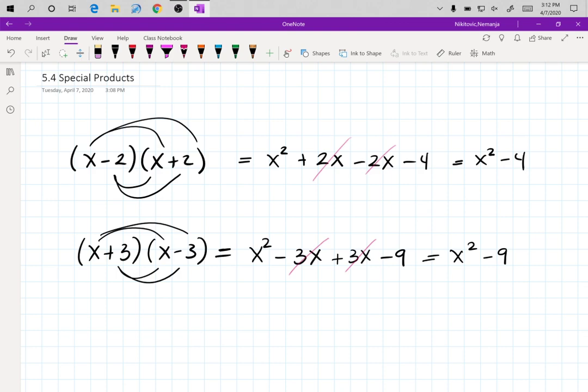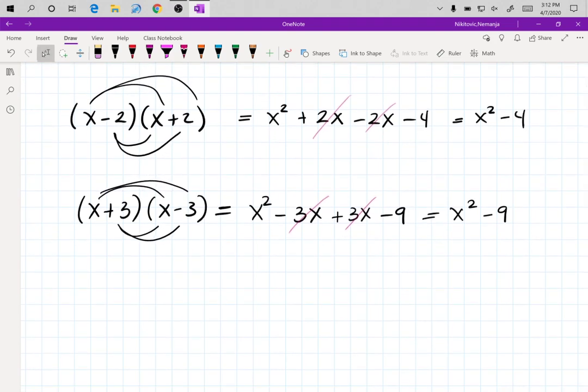So when we look at this, we say, wow, what is going on here? I want to see if there is a pattern, and there is a pattern. If the two parentheses are the same, with the opposite sign inside, then we have something that we call the product of a sum and a difference. We'll have a better name in chapter 6 going backwards, but right now we're going to say product of a sum and a difference.